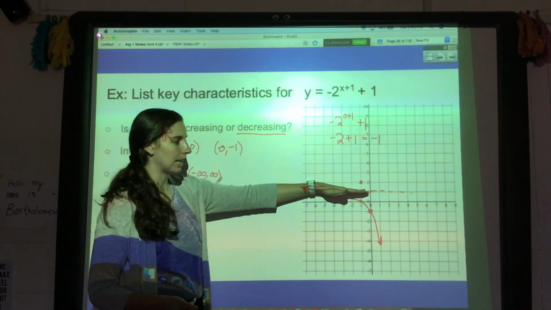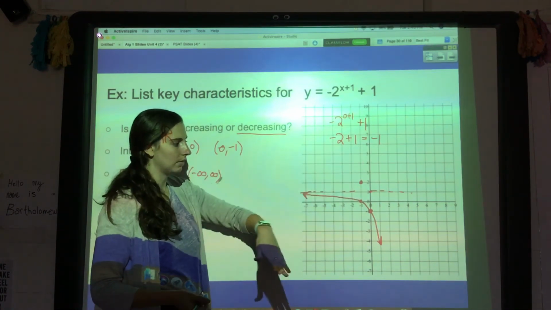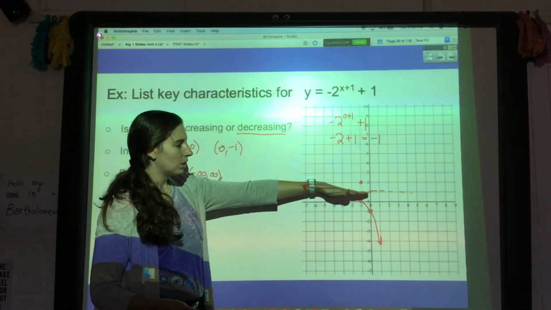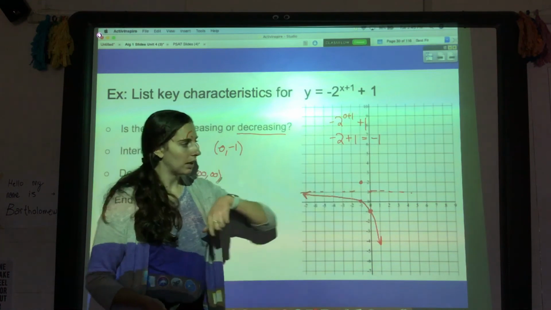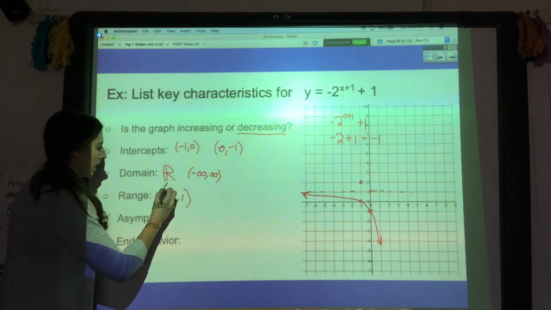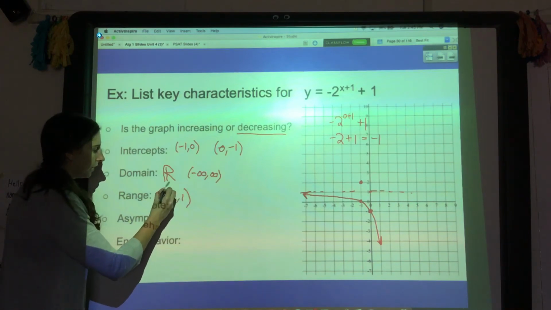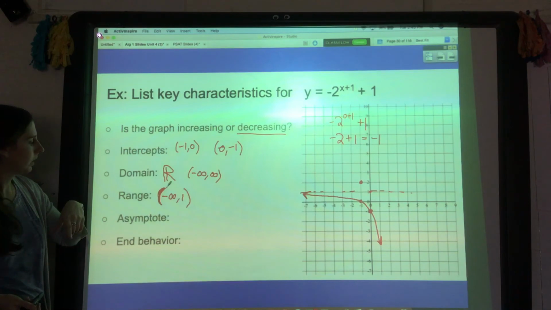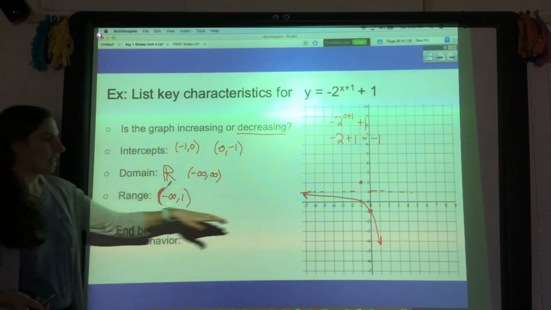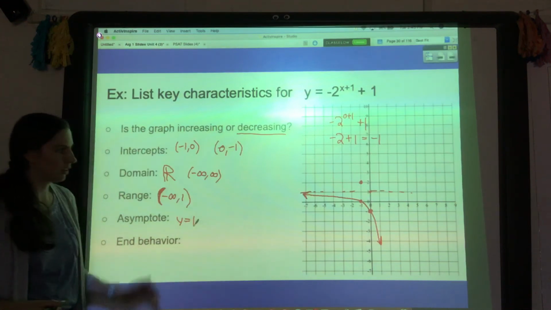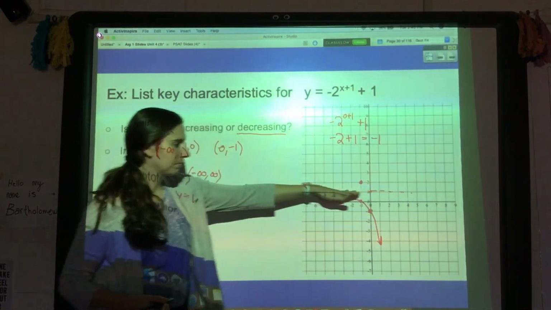It stops at that asymptote and never goes past it. So the range is negative infinity to 1, which is where the asymptote is. If you put 1 to negative infinity, that's not wrong. It's just typically we put the smaller number first. The asymptote is also right there at 1, so the equation is y equals 1. It's the horizontal line where y is 1.